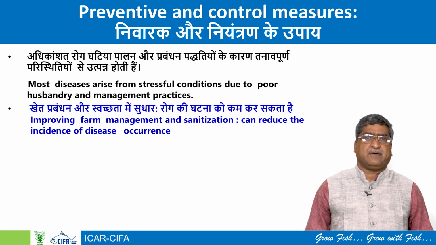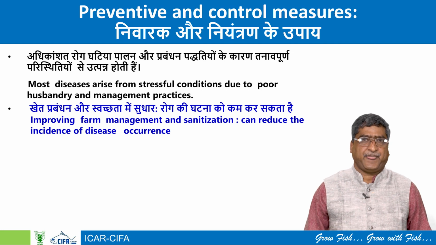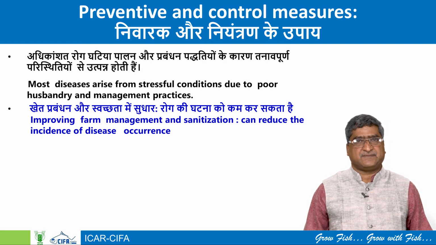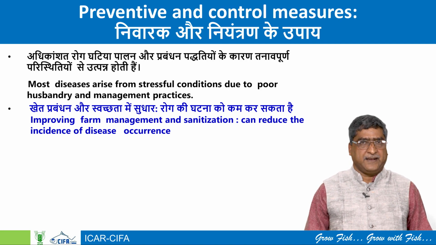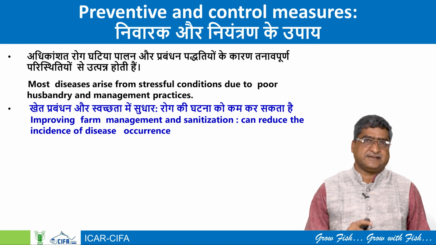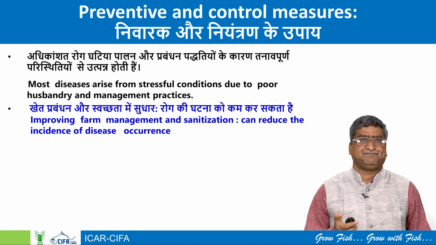Now, coming to preventive control measures for diseases. Most diseases arise from a stressful environment caused by poor water quality or water management. So improving water management can lead to good health and reduce the incidence of disease.